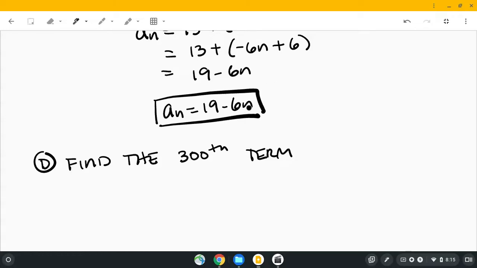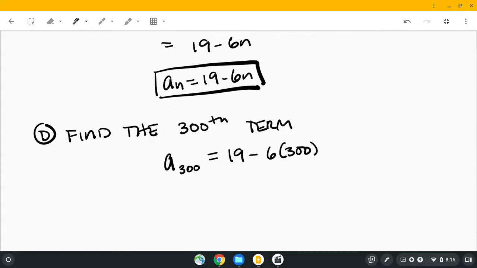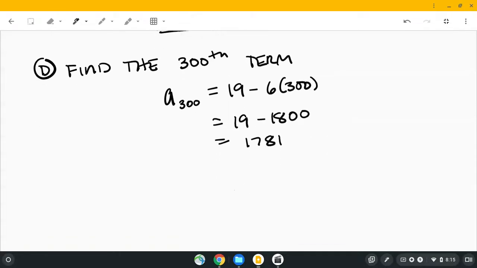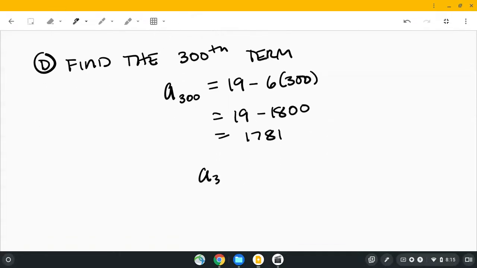You can just use this formula that we derived in part C. So the 300th term is 19 minus 6 times 300. That is 19 minus 1800, and that gives us 1781. So the 300th term is 1781.